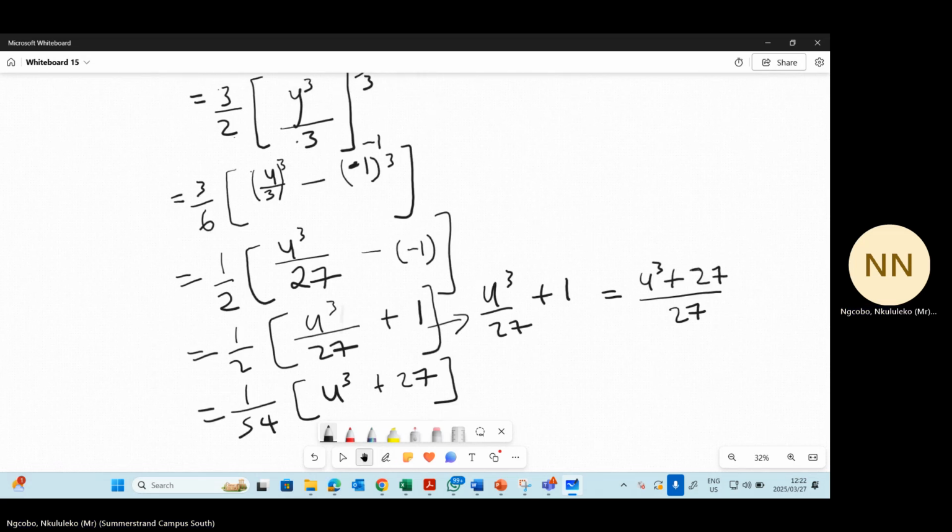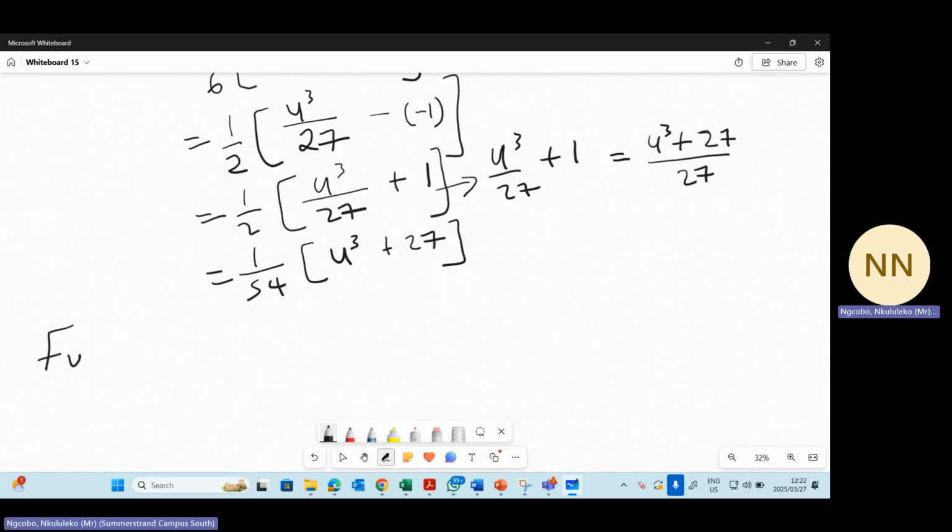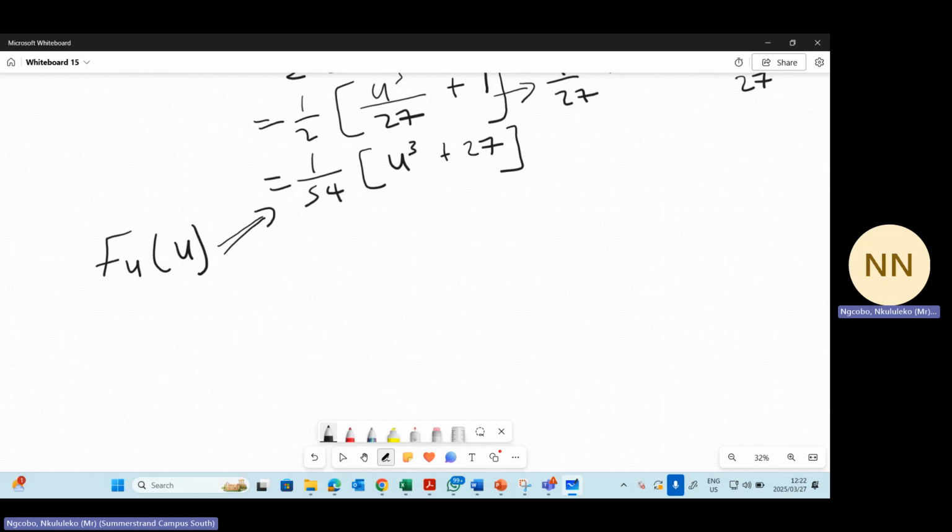So this is F of u. But if we want to find now the density function of u, it's just the derivative of this, right? So if you look here, the derivative of this will be 0, right? So we only have this to derive.